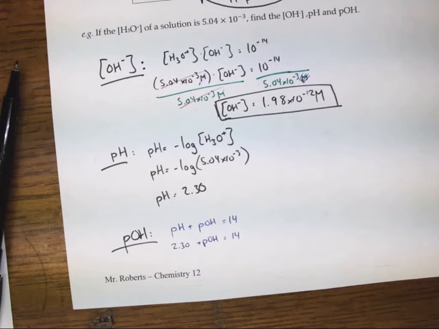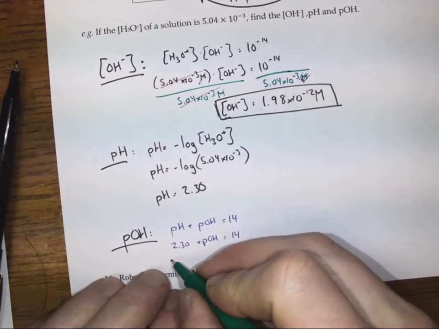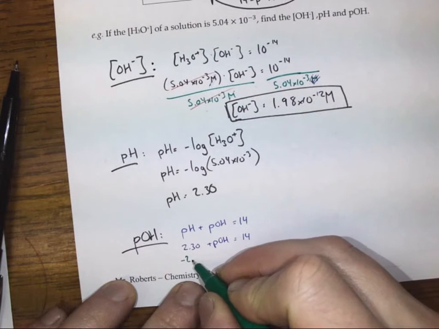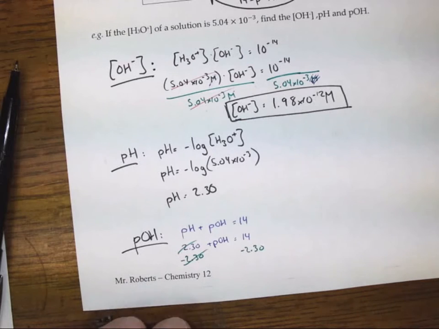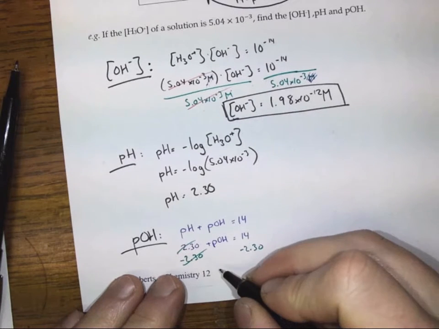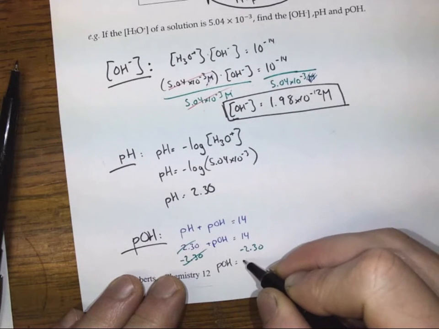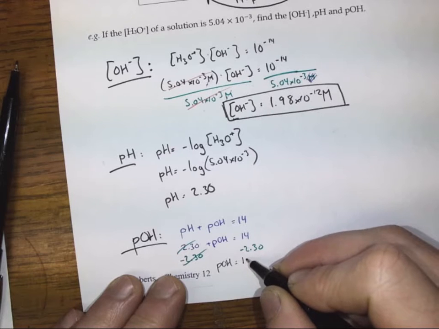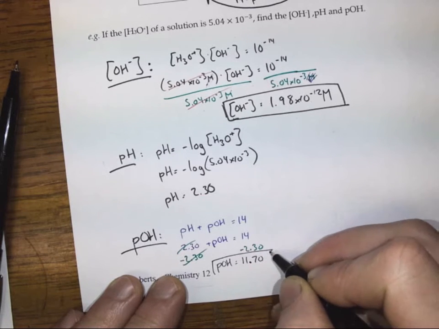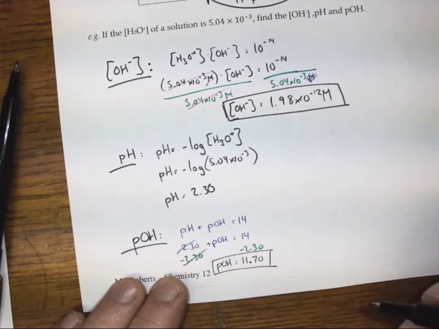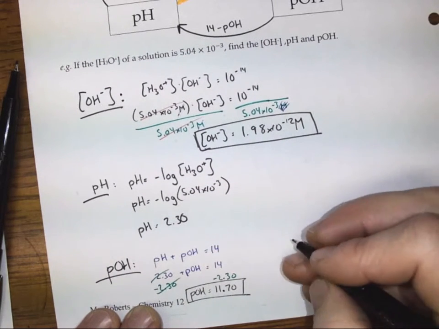And then I'll just take away 2.3 from both sides. And that tells me that our pOH is equal to 11.70-ish.